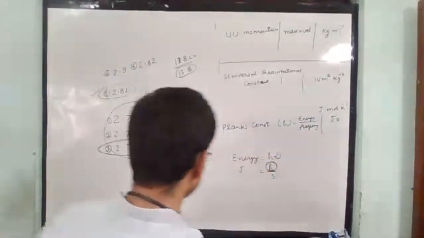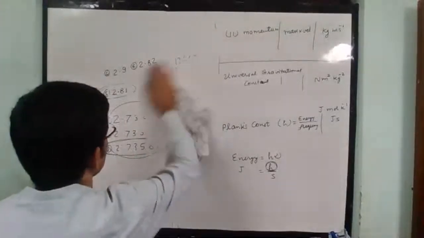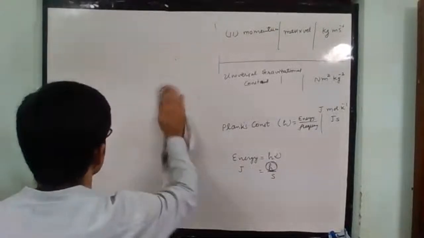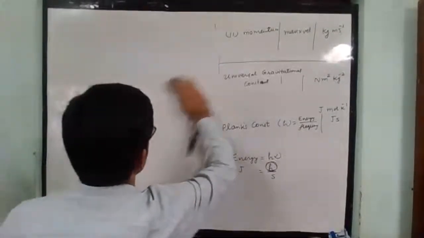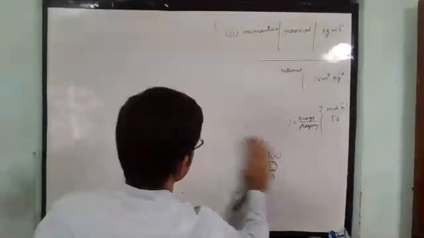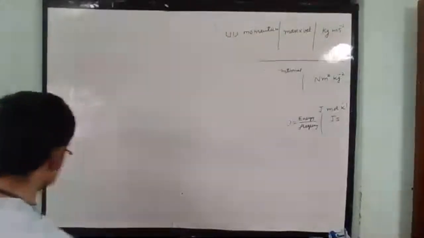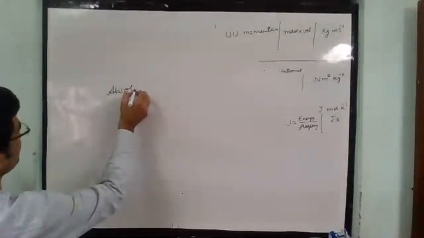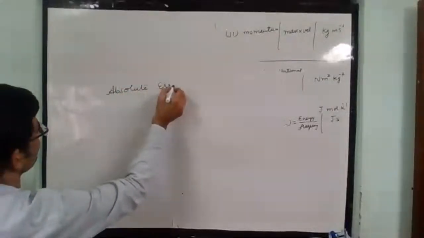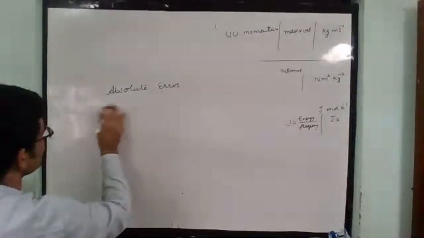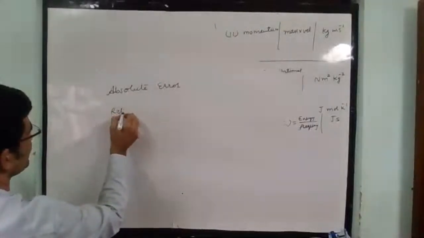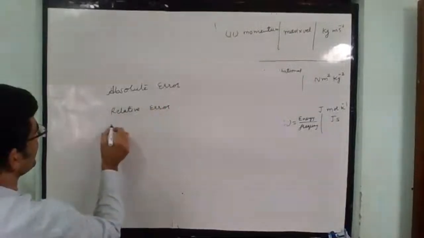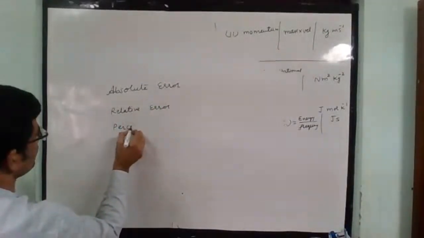So how to express the error? We have 3 types of expressing the error. One is absolute error. Second is relative error. And third is percentage error.